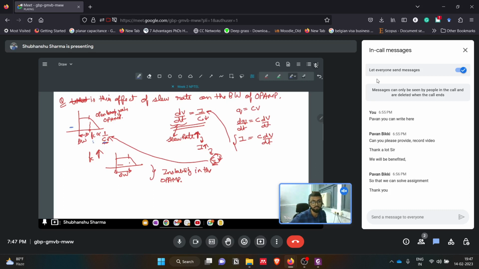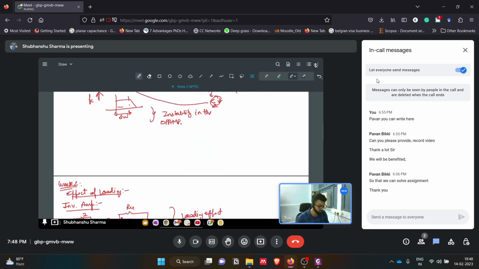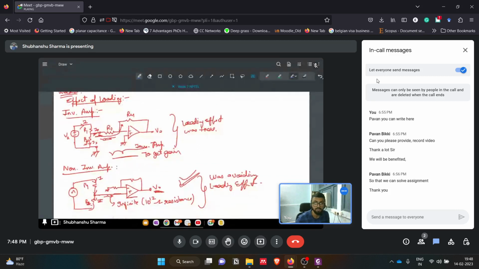We are not supplying it externally. If we reduce this capacitance, then the cutoff frequency will increase. So we will get high bandwidth, but it will lead to instabilities. That is a trade-off we have to consider.